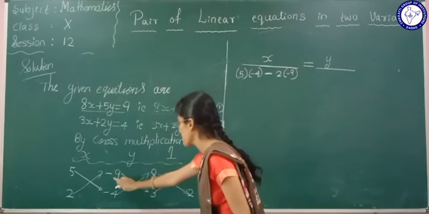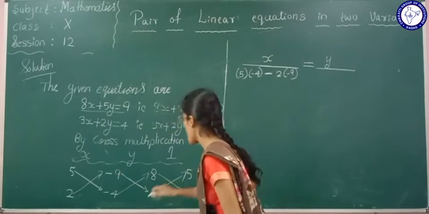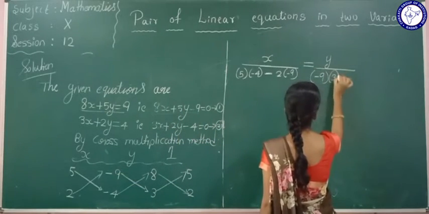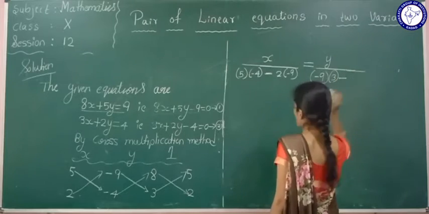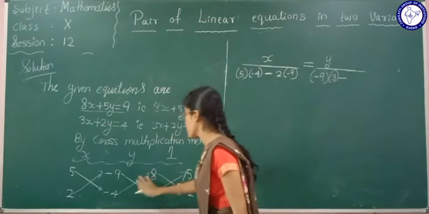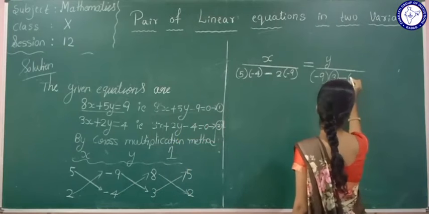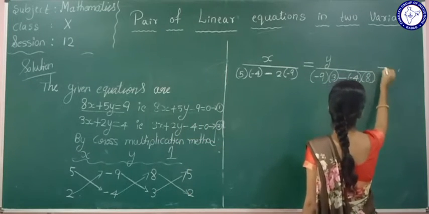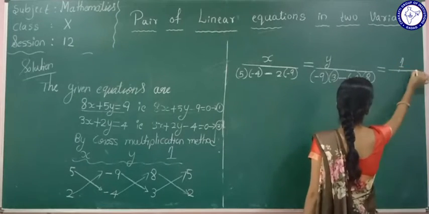Now minus 9 multiplied by 3, you have to subtract here, minus 4 multiplied by 8 is equal to 1.